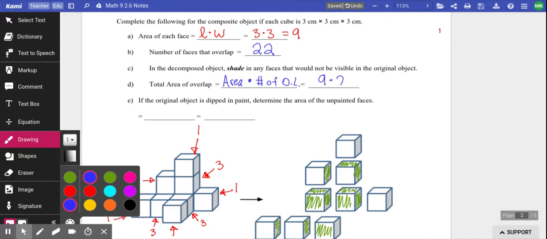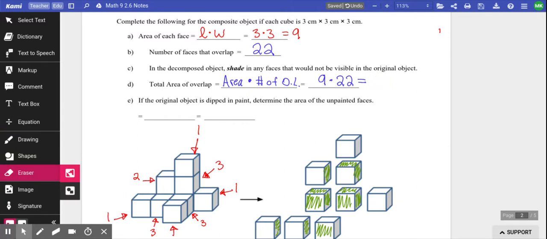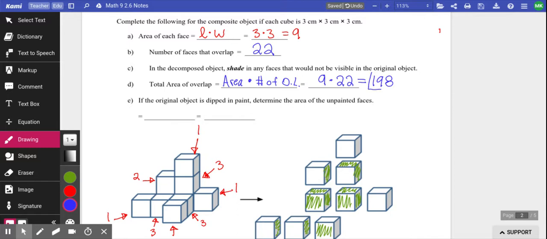We had 22 sides, so it's 9 times 22, which I believe is 211. No, it's not 211. 198? Yeah, 198. That's the area of the overlap regions. Sides that you wouldn't have to paint if you dipped it in paint, for instance.